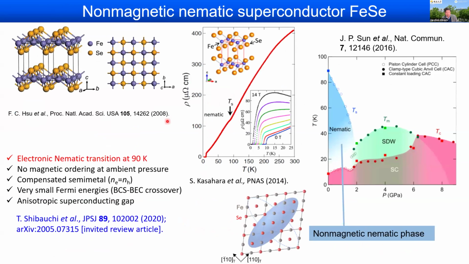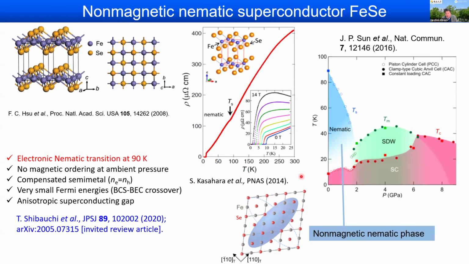Okay, so let me start with the introduction on iron selenium. I think all of you know this material, and it is a very intriguing material. It has a very simple crystal structure, and notably it has a nematic transition at 90 Kelvin with no magnetic order down to zero temperature.